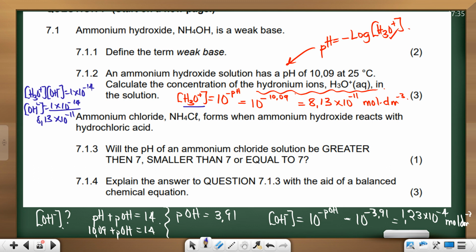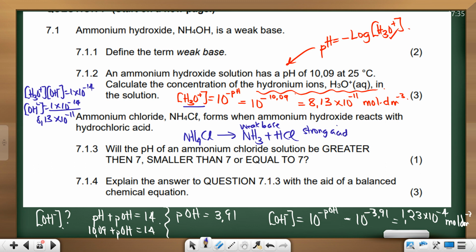7.1.3. Will the pH of ammonium chloride solution be... Guys, by now you should know ammonium chloride. You must have seen this in questions. Ammonium chloride, NH4Cl, comes from ammonia and what? HCl. Ammonia is a weak what? Base. And HCl is what?